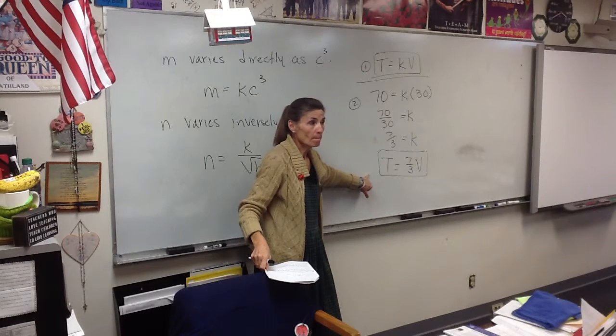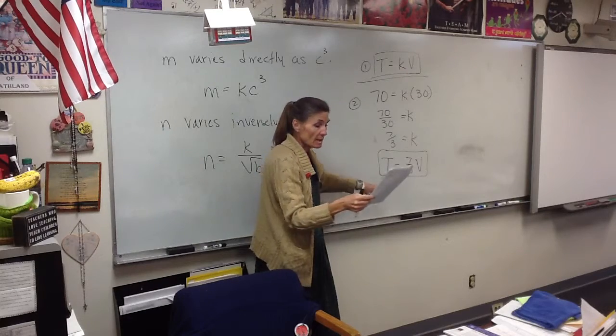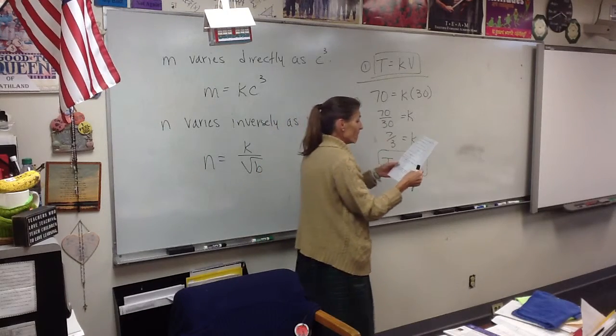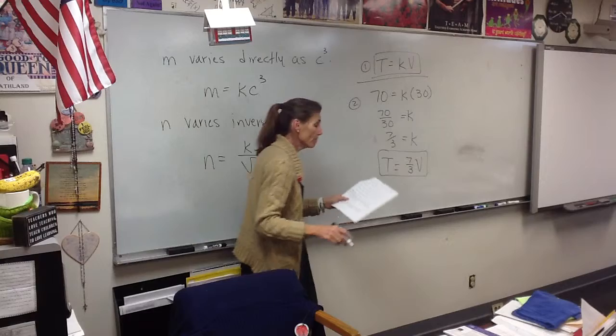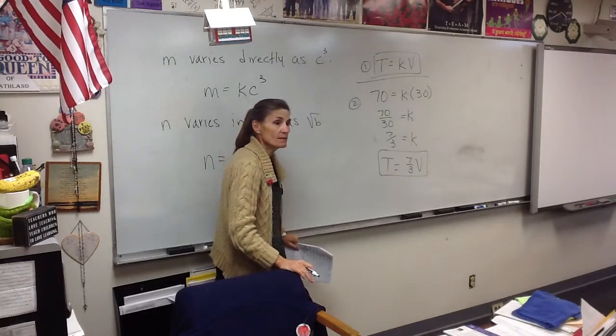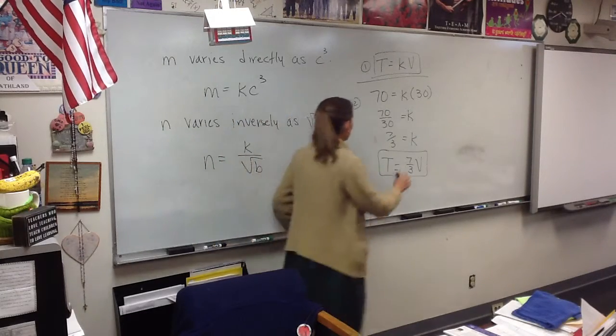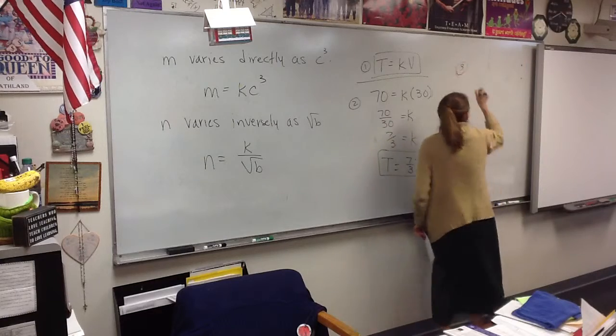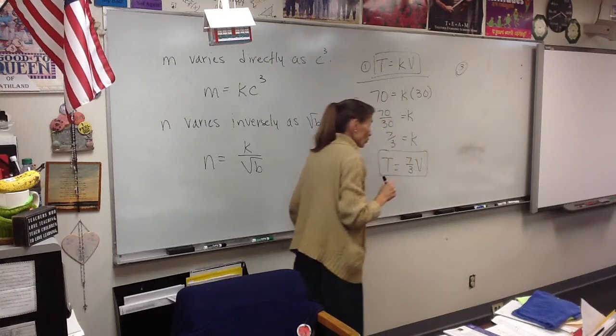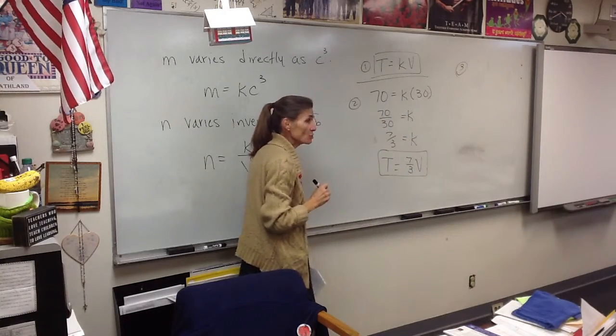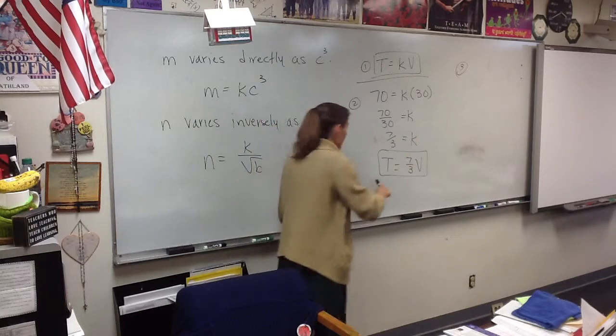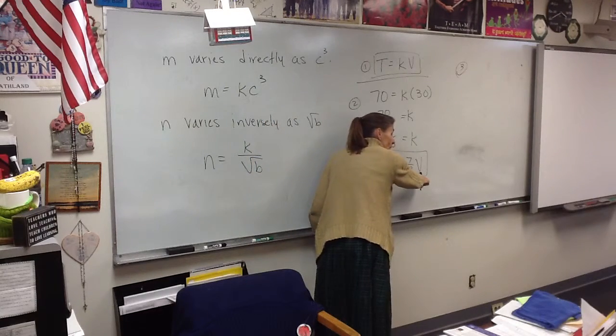Still with me? Now the third sentence. Find the temperature if the volume is 20. Well, what do you think I'm going to do? I'm going to plug in 20 for volume, right?